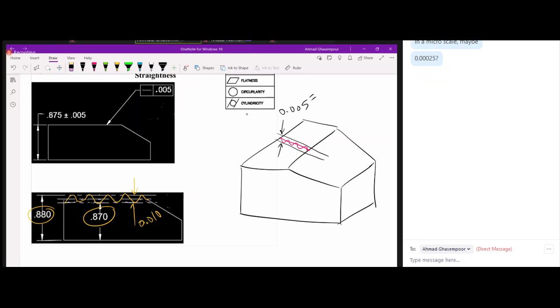So would it have made sense if instead of straightness of 0.005, we had a straightness of, let's say, 0.010?